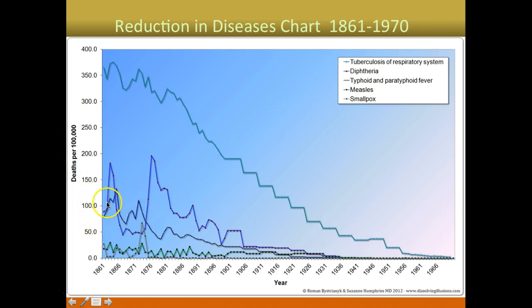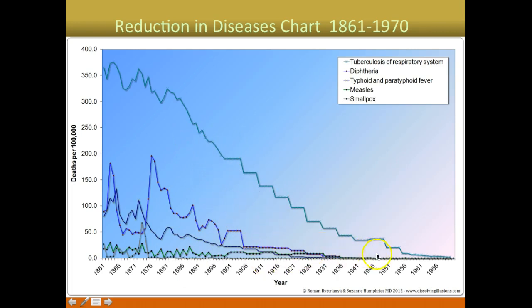So 100 people maybe had diphtheria or typhoid and died of these diseases. And then the numbers dropped. So by the time we have an invention of covered sewer systems, it's starting to really dramatically drop.